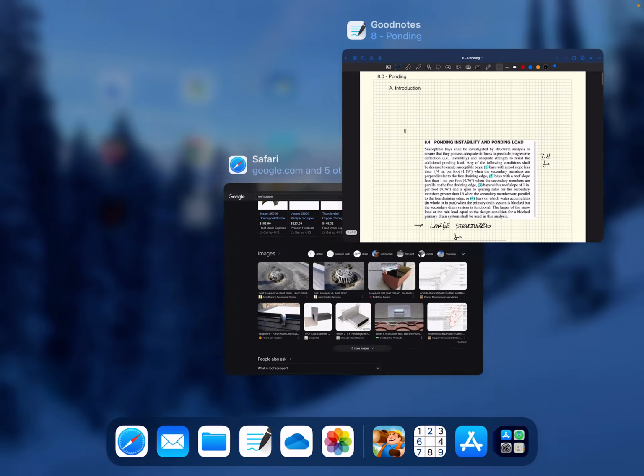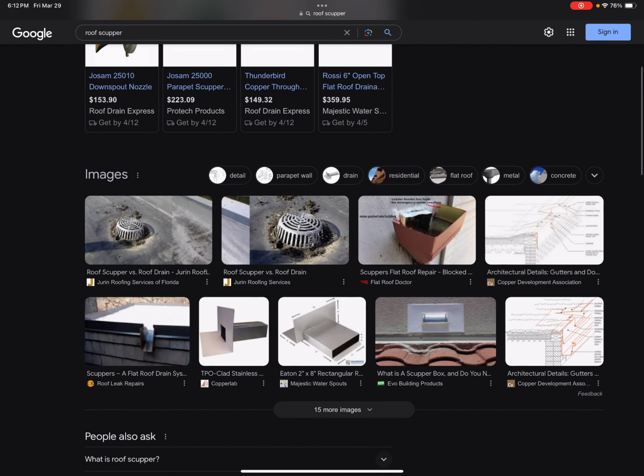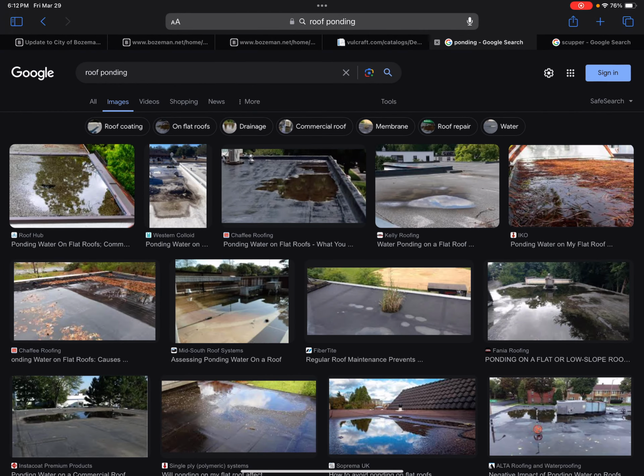So when we think about ponding, I really think about kind of second order effects. So we've talked about P delta and P little delta effects, right? Where the initial displacement creates additional loading. Well, with respect to ponding, as it sounds, we're really going to be worried about water that builds up on roofs.